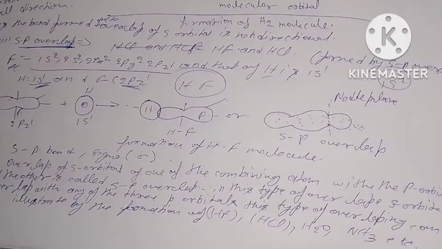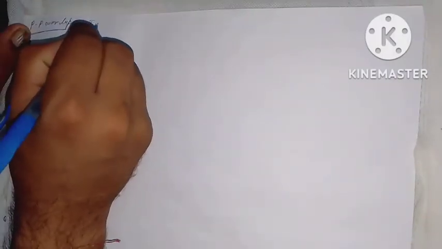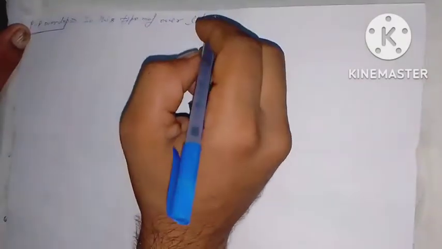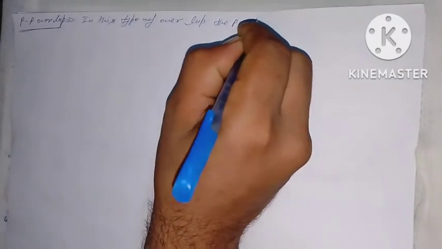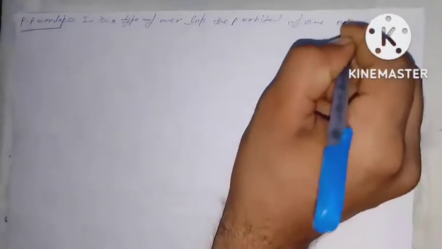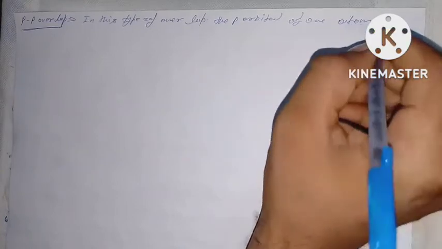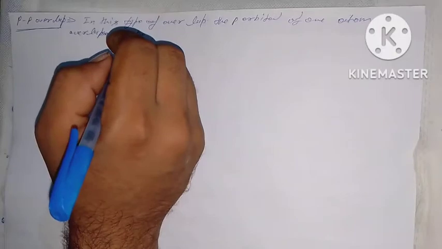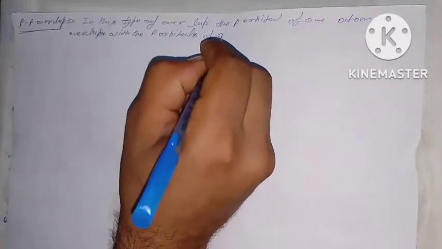Next is pp overlapping. In this type of overlap, the p orbital of one atom overlaps with the p orbital of another atom.